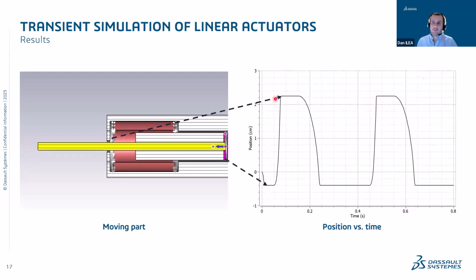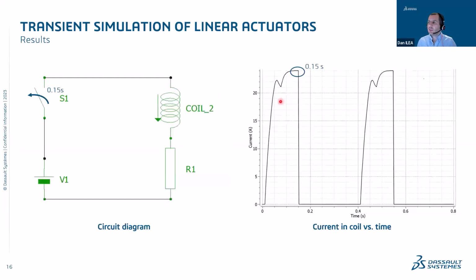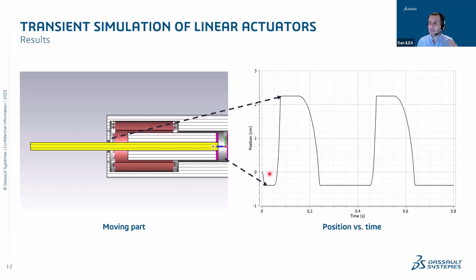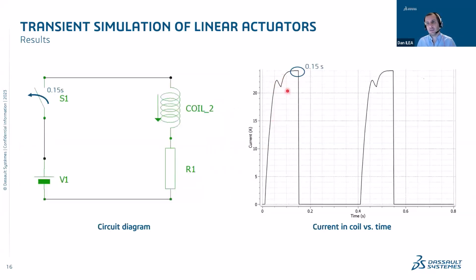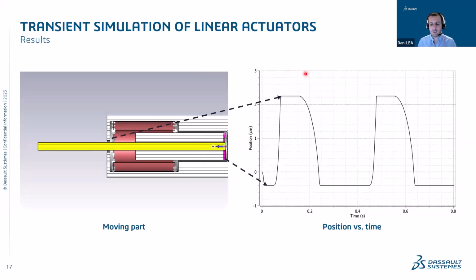And you can probably have an idea already, right? So I mentioned on this graph we have this dip here. So as the moving part is reaching this end here, the current drops for a few instants of the motion until it recovers and starts to go up again. This is due to the inductance of the system.